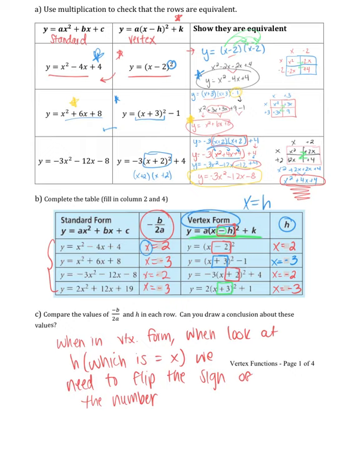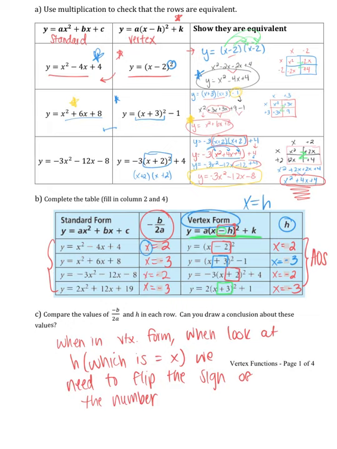Okay, so when you're using vertex form, it's a little easier to find the axis of symmetry, right? Because x equals is just your axis of symmetry, or it is the x value of your vertex. Okay, so that's something to remember. So this is a little bit easier because you're really not doing any math.